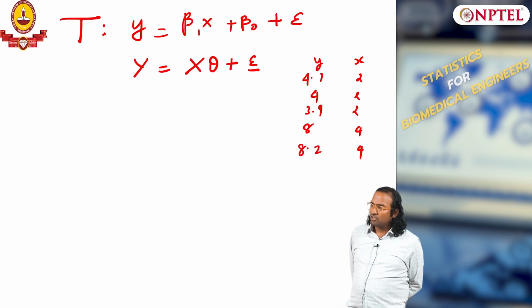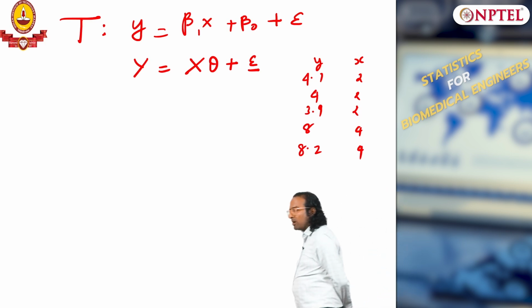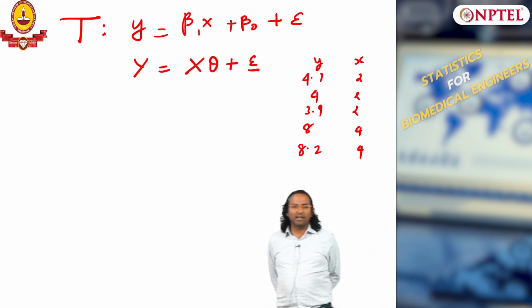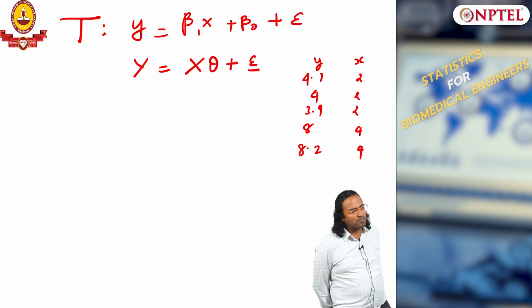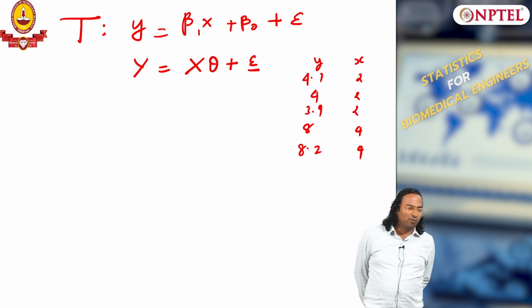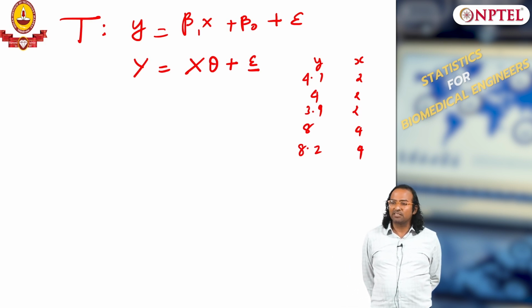You understand? The variability in y I want to explain using x, exactly like ANOVA, but I cannot fully explain it because there is always some uncertainty, and that is the reason why I assume epsilon, which is my noise.